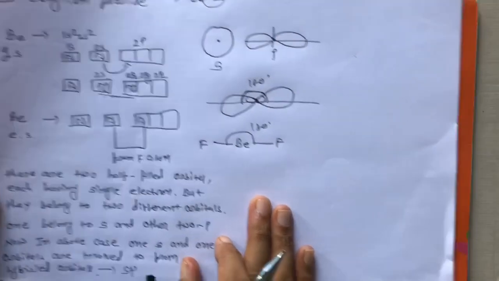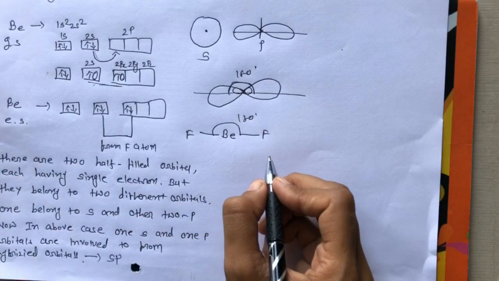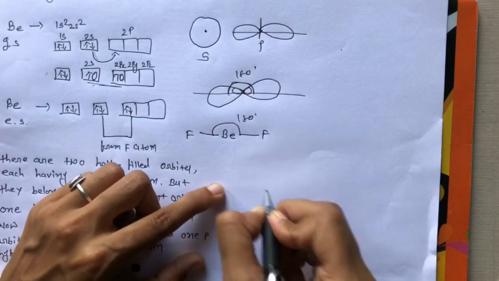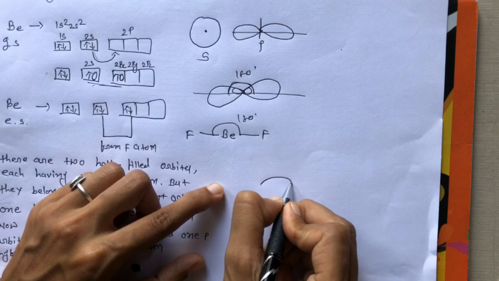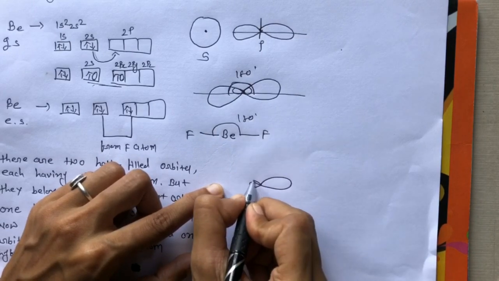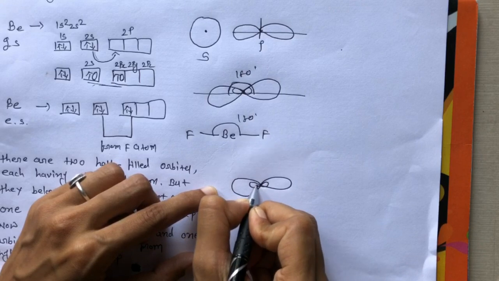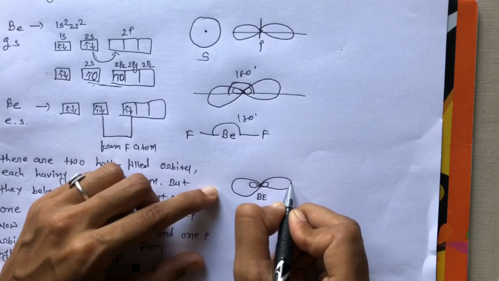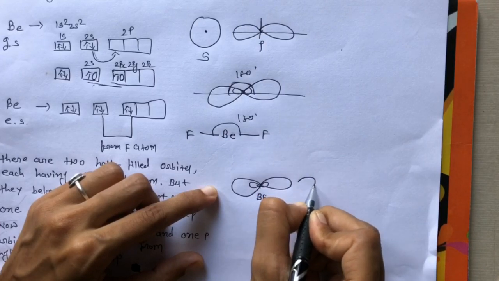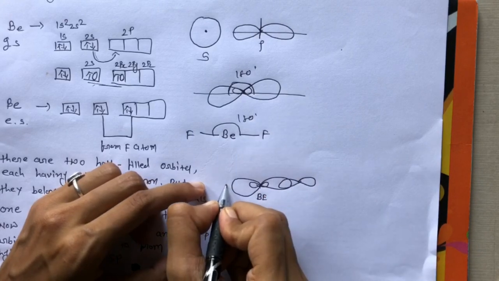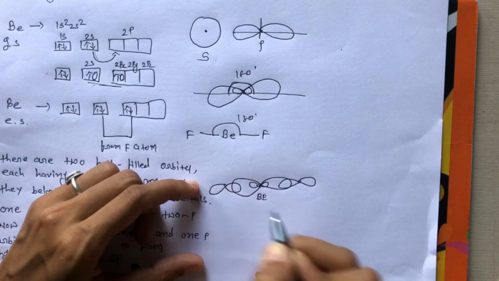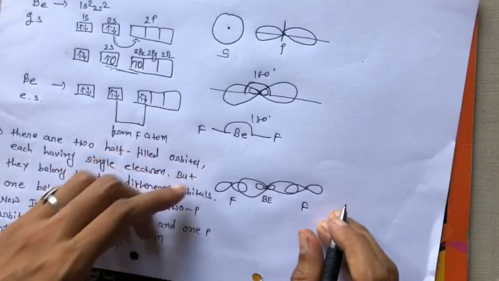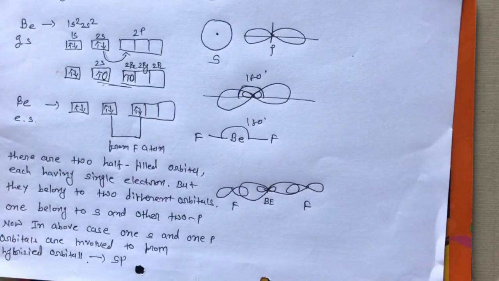And this is the pictorial representation of BeF2: this is the Be, and here F, and also this is F, right? So this is the pictorial representation of BeF2. So this is called sp hybridization.